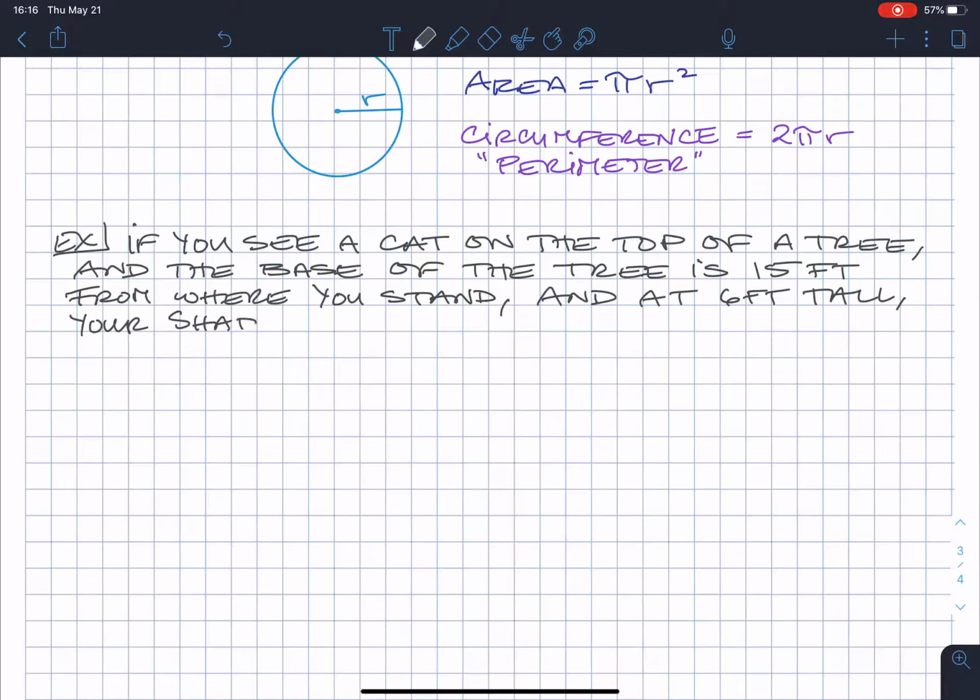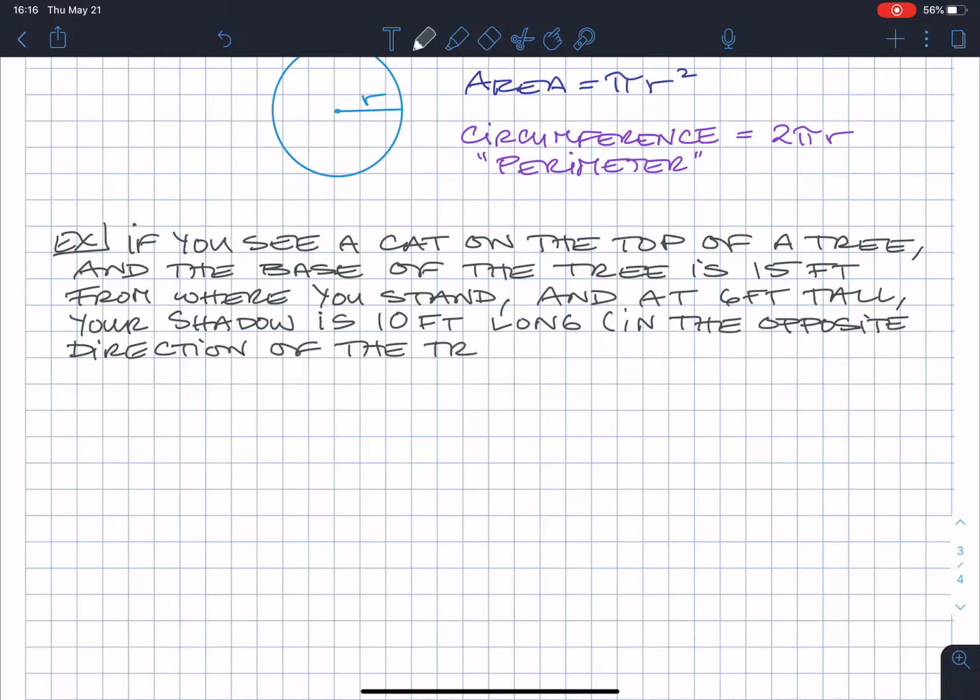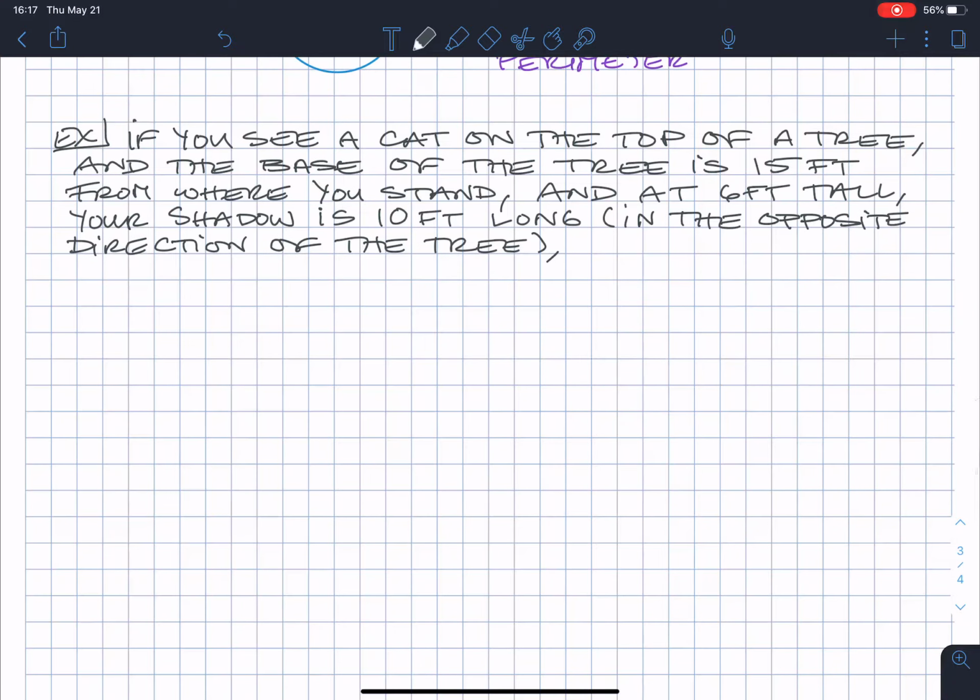And we'll put it in the opposite direction of the tree. So how high up is the cat?